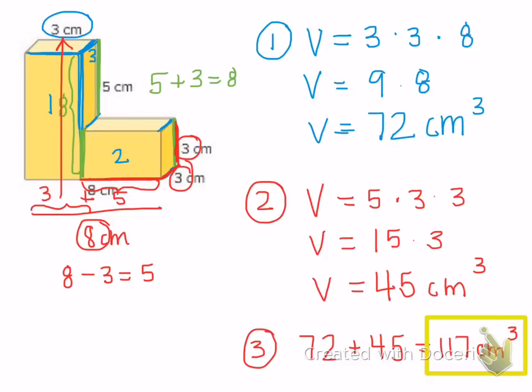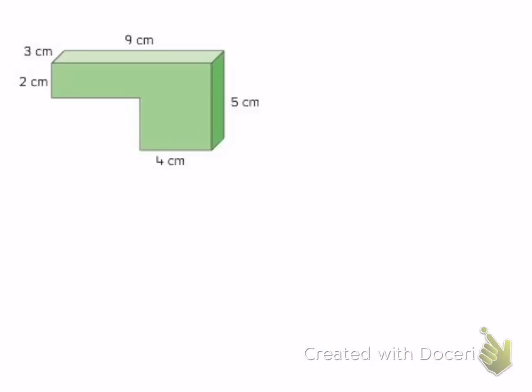Okay, we're going to do the last one just as fast as this one. Let's talk about where we're splitting this one up. Again, we have two options. We can break it apart here and look at piece 1 and piece 2, or we could break the shape up here and look at this as piece 1 and this as piece 2.